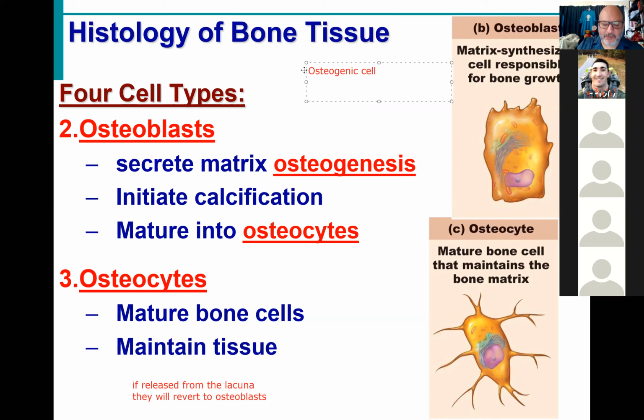From there, it becomes the immature osteoblast, and from there, it matures into the osteocyte. So really, it's the same cell in 3 different stages of its life, as a unipotent stem cell, as an immature cell, and as a mature cell. All right, questions on that?